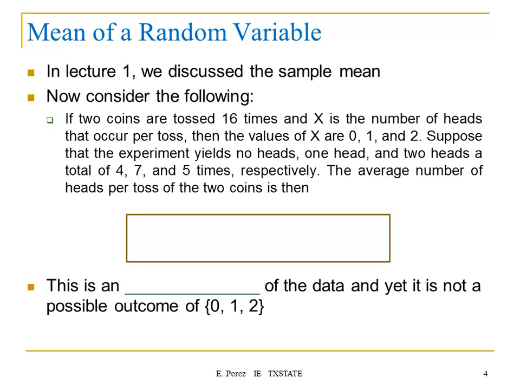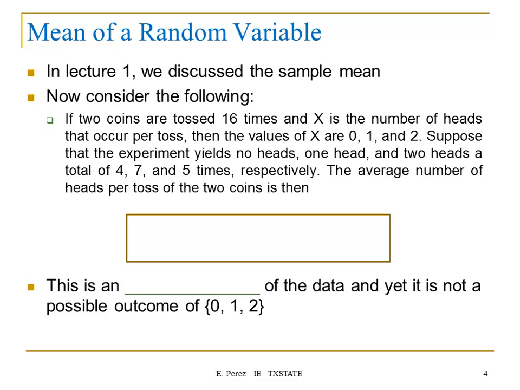So suppose that the experiment yields no heads, 1 head, and 2 heads with these amounts. So you have 4 no heads, 7 with 1 head, and 5 times you get 2 heads. So now we want to get what is the average or the mean for this experiment. Any idea? So you're not just looking at the number of times, you're also looking at the value of the random variable.